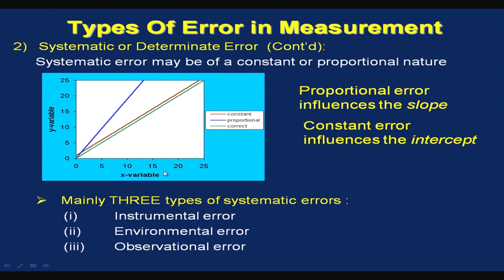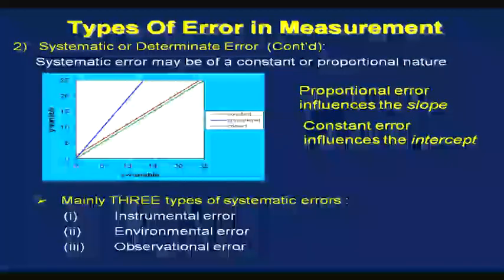Whereas, if the input output relationship is characterized by the blue line, we will have a proportional error. However, as the graph suggests, if we know how much of constant error or how much of proportional error is associated with the instrument, we can always introduce a suitable correction factor. So, it is relatively easy to handle systematic error.